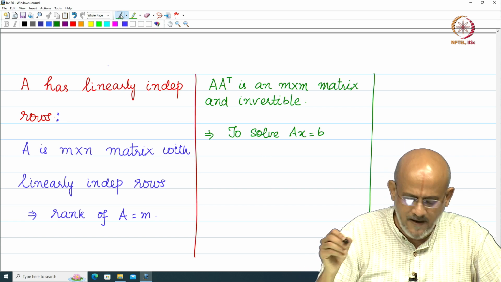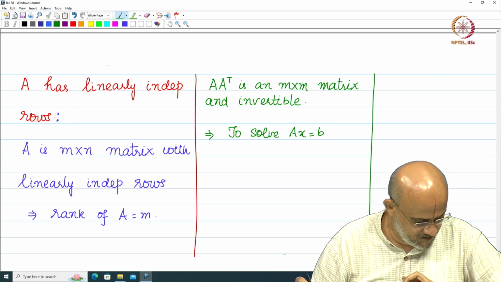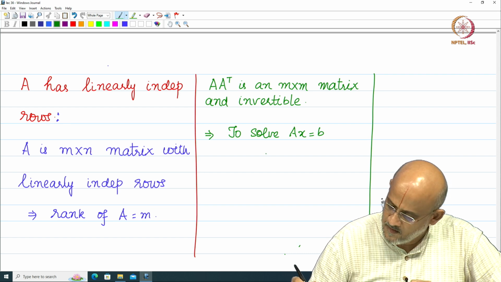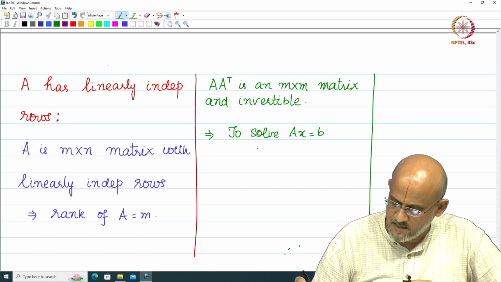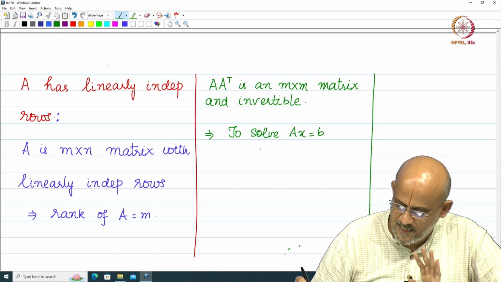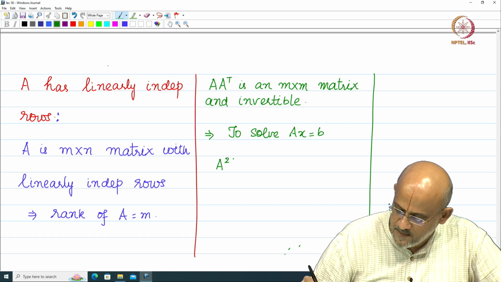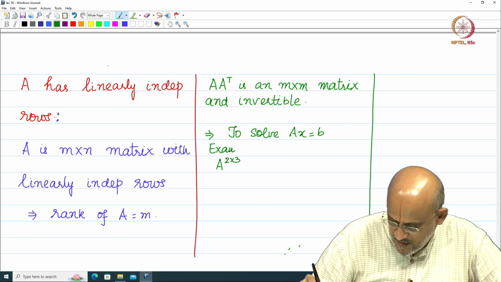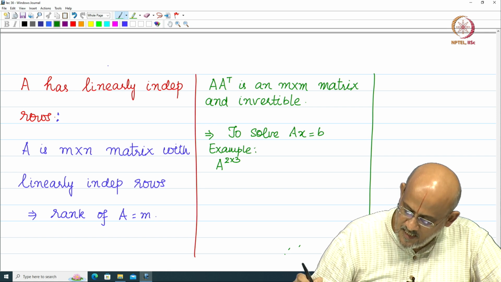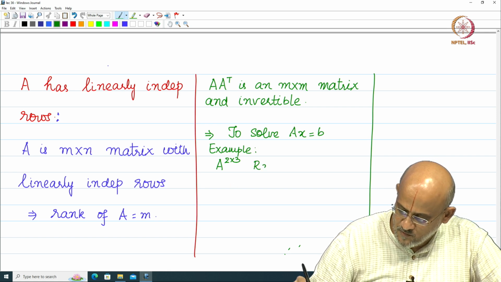Let us see what actually happens here. If A is an m by m matrix and the rank is invertible, let us take a simple case where A is, let us say, a 2 by 3 example. A is a 2 by 3 matrix and rank of A is 2.